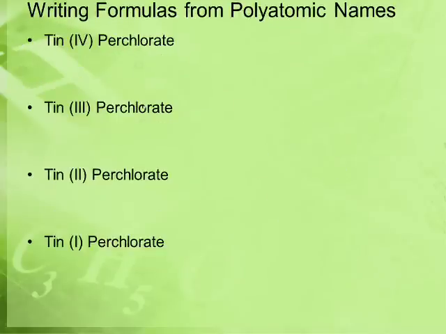Okay, it gets even more fun and more challenging. With tin, we're going to use transition metals, we see the Roman numerals. Tin 4 means it's a 4 plus. The perchlorate, so remember per means more, so there's more oxygen.